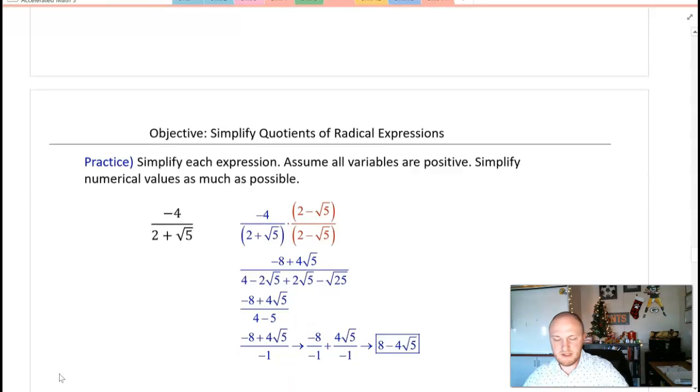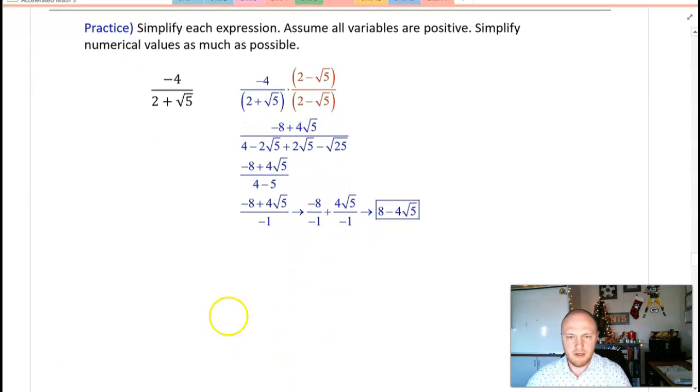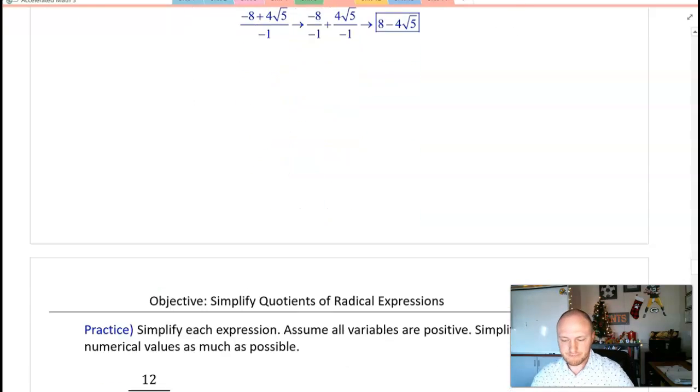Here is the answer. So again, the conjugate would be 2 minus the square root of 5. Go ahead and distribute all your terms out, and you end up with 8 minus 4 root 5. Did you get it? Good job.